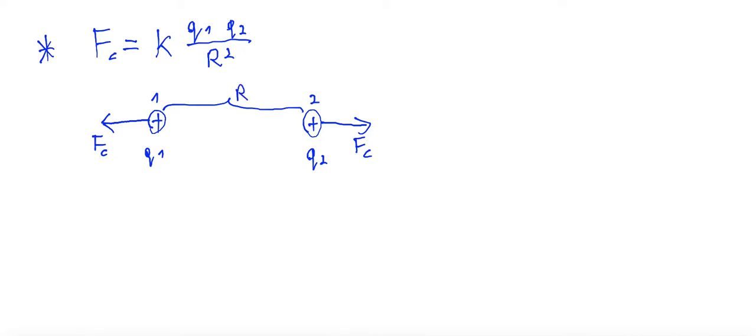So basically the force of interaction between charges is proportional to the charges and inversely proportional to the squared distance between them, and this k, the coefficient of proportionality, is called Coulomb's constant and is equal to 8.99 times 10 to the power of 9 standard units. So in this case it will be newton times squared meter divided by coulomb squared.